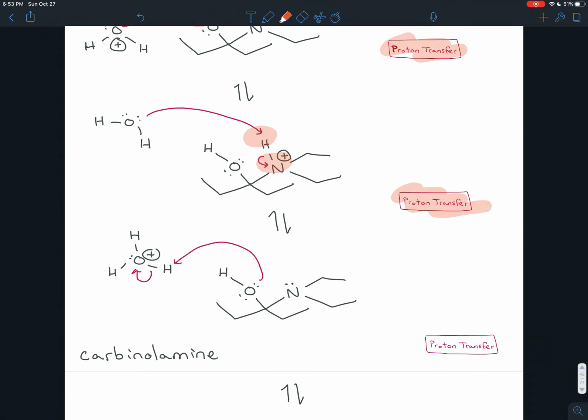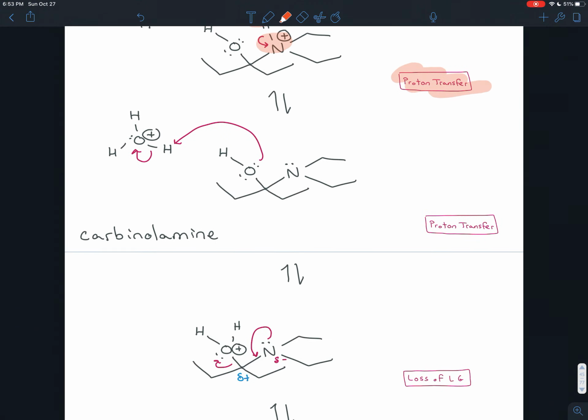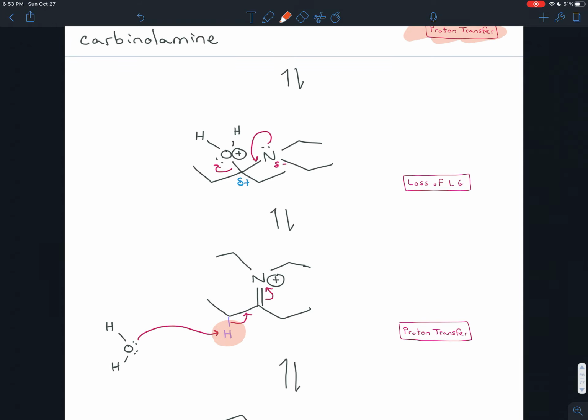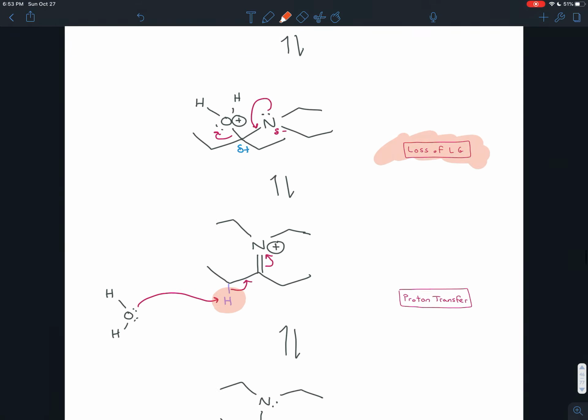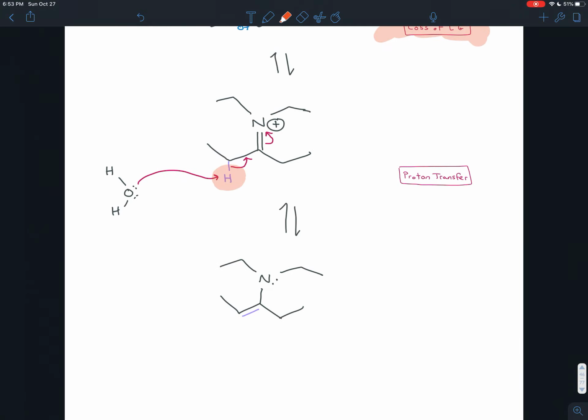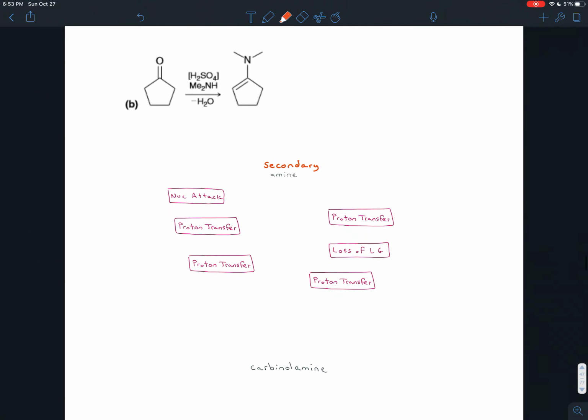The positive charge on the nitrogen is also stabilized by a proton transfer. That gives us the carbonylamine. We want the OH off, so we turn it into a better leaving group with a proton transfer. It gets kicked off, we have loss of a leaving group because the nitrogen forms a double bond. And then we just stabilize the nitrogen by stealing this neighboring hydrogen, and we form the enamine.